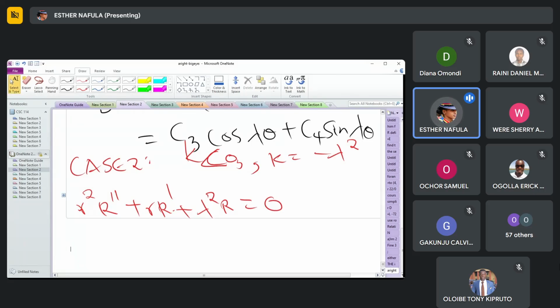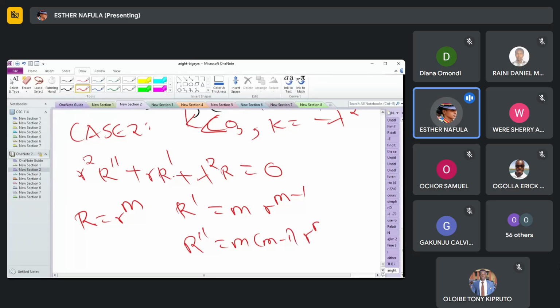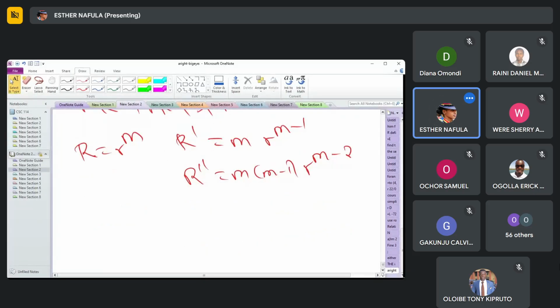This is Cauchy-Euler. We have to write down the auxiliary equation. R is r to the power m. R prime is m r to the m minus 1. R double prime is m times m minus 1 r to the m minus 2. Using r prime and r double prime in our differential equation.